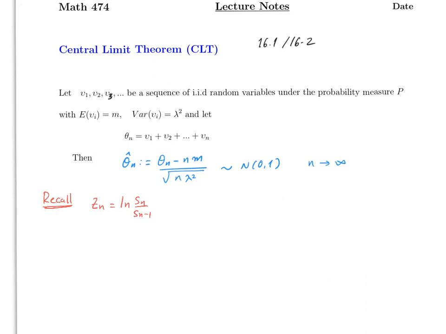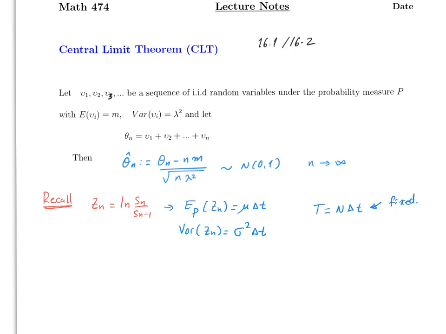And from here, the expected value with respect to the probability P of Z of n was equal to mu delta t, and the variance of Zn was equal to sigma squared delta t, where t was equal to n delta t, and this is a fixed time.